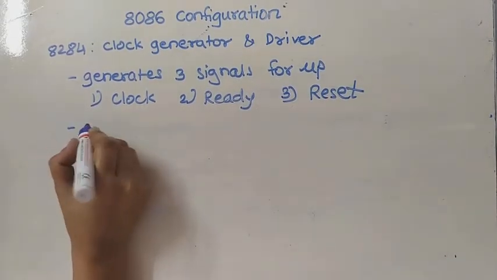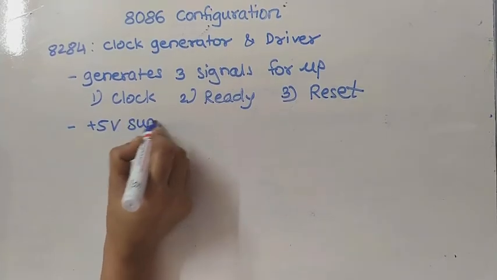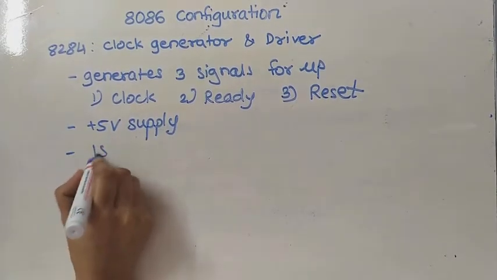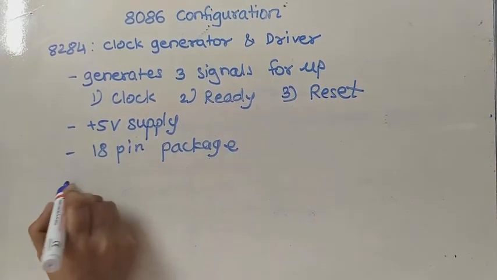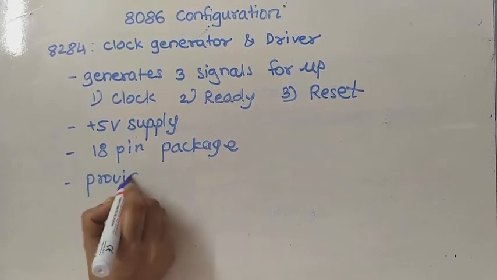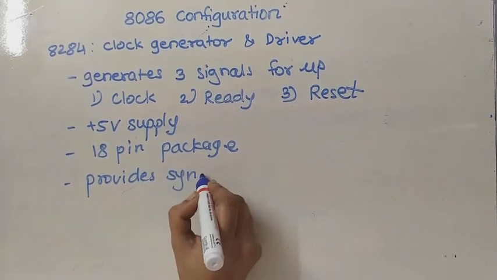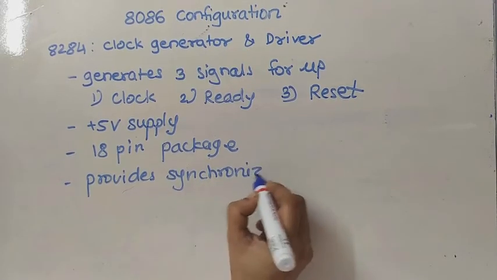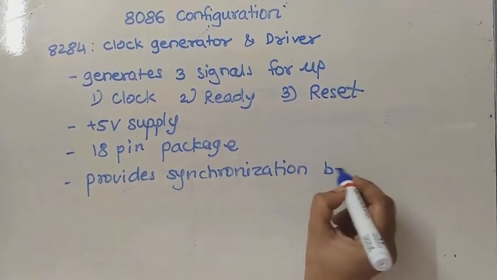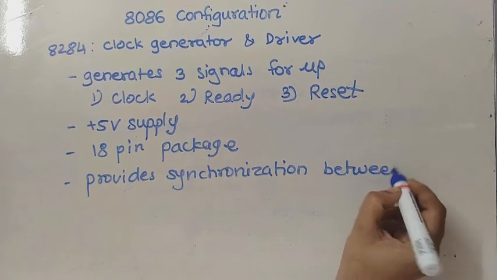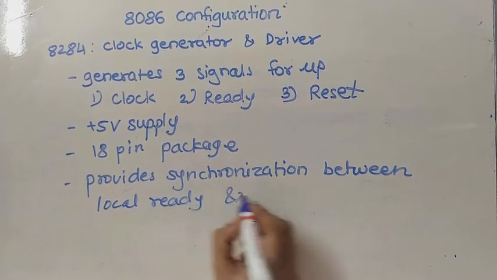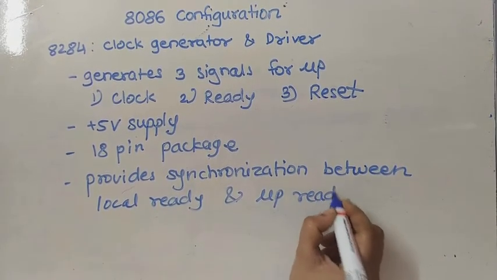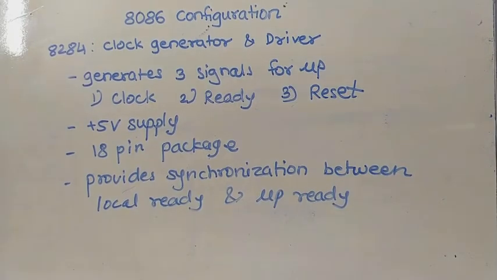It operates on plus 5 volt supply, is available in 18 pin package, and it also provides synchronization between local ready and microprocessor ready. So these are a few features of the 8284 clock generator.